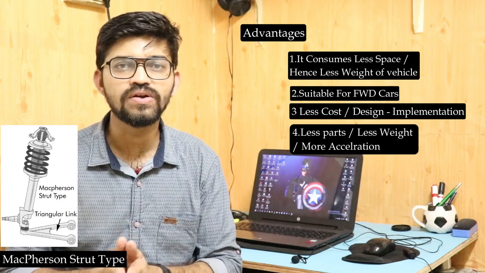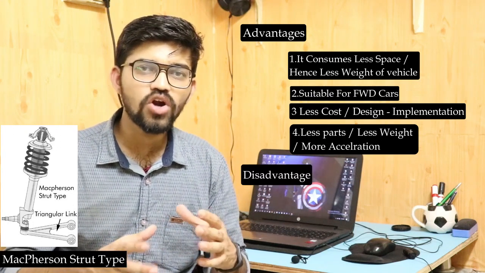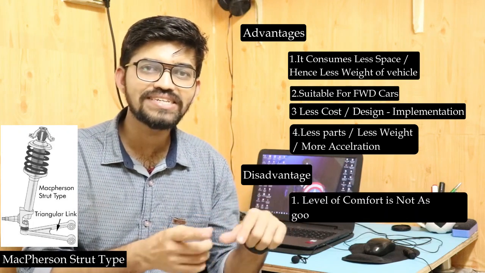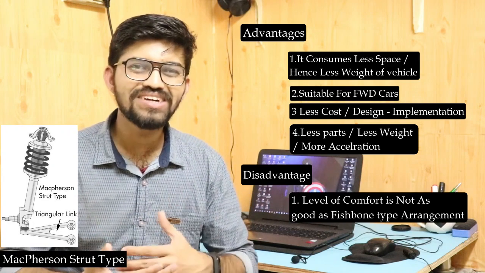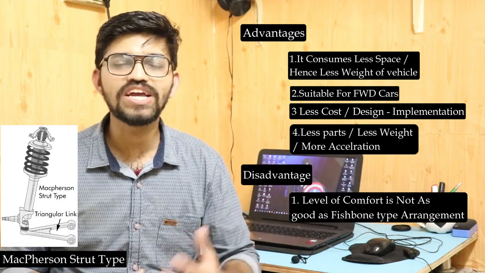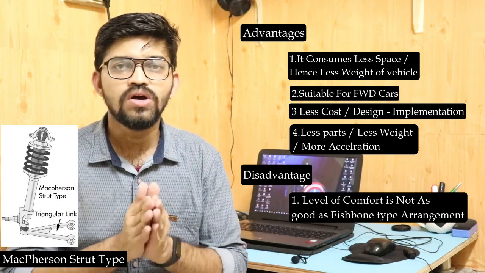The disadvantage is that it will not give you the comfort while driving that you get in the case of the double wishbone type. Here you will get a good amount of experience, but not as much as with the double wishbone.